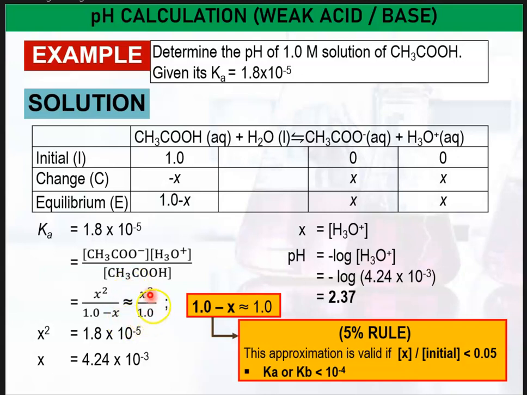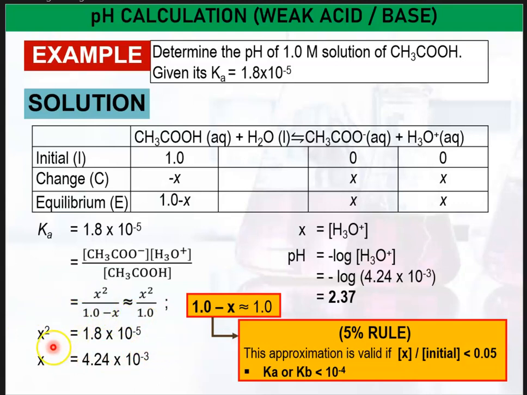So you just write it like this to make solving the problem much easier.